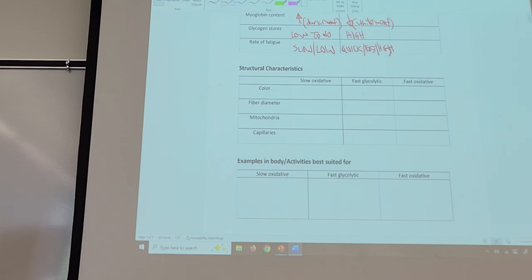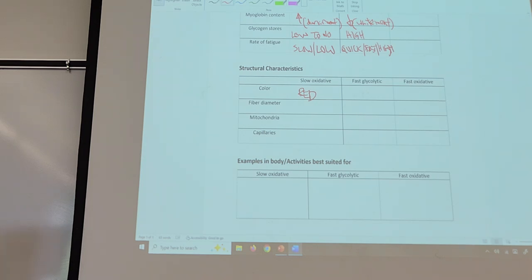Slow oxidative fibers have more myoglobin, which gives them more color. Similar to hemoglobin, the color is more red. When hemoglobin binds to oxygen, it turns into a beautiful red color. Myoglobin is the same.